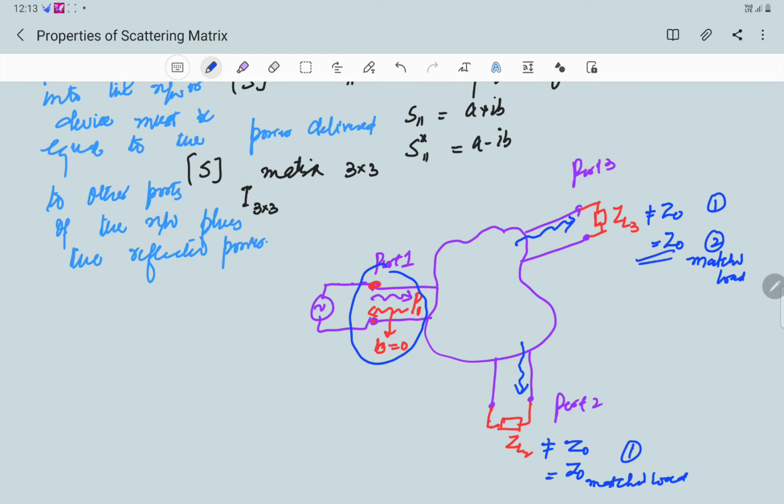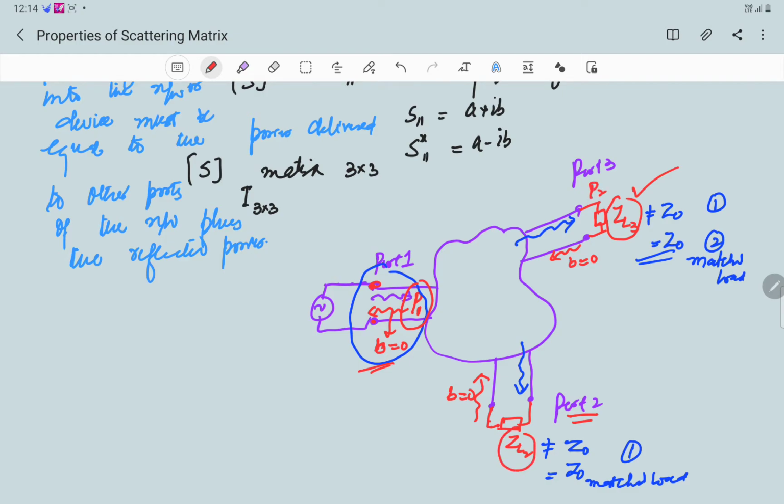If it is perfectly matched, there won't be any reflections. That would mean the reflected wave B is equal to 0 here. And again, if port 2 is matched, then again there won't be any reflected wave, B would be equal to 0. So in this case, if it is a lossless network, whatever power I feed at port 1, some part of the power will be dissipated into port 3, and some part of the power will be dissipated into port 2.